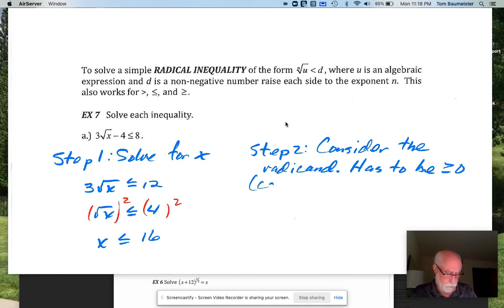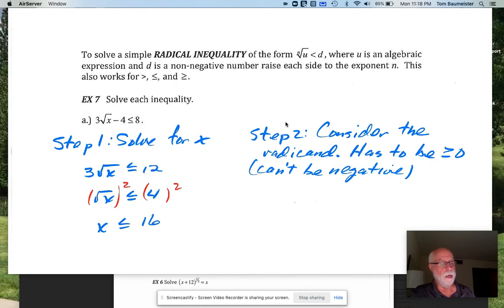That means, of course, that it can't be negative. If it was negative, we would have to have imaginary numbers, but we're not talking about those this chapter, or at least on this one.